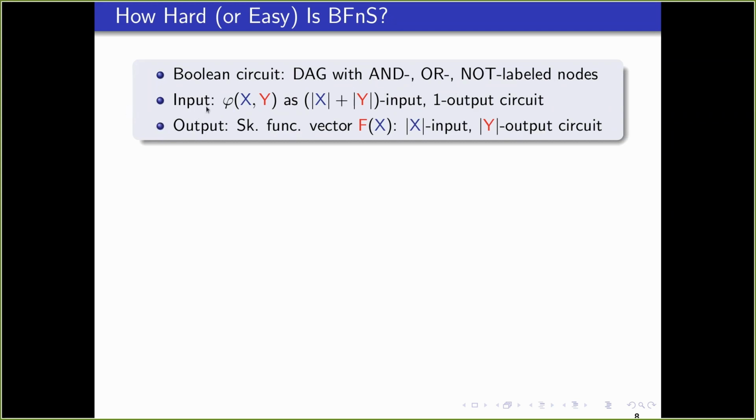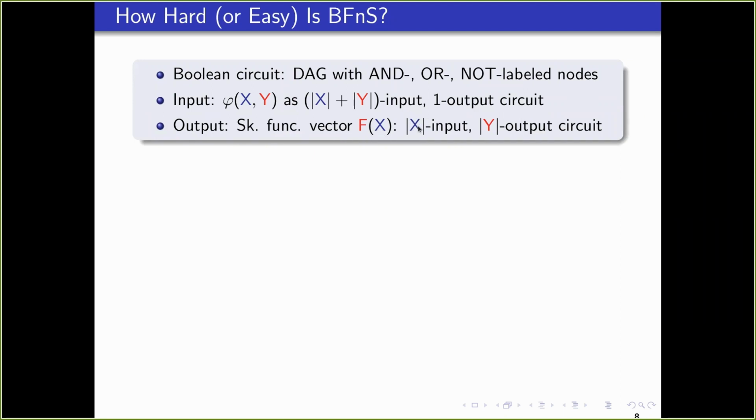And we are going to represent the input as a circuit which takes the system inputs and the system outputs as inputs to the specification circuit, and it generates a single value saying whether the specification is satisfied or not. The output will, of course, be a vector of functions.